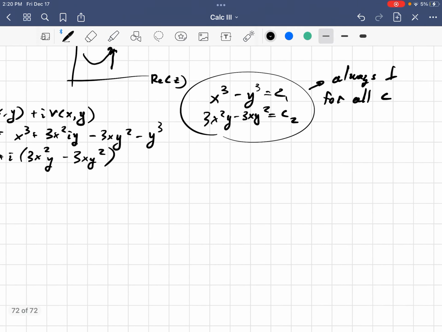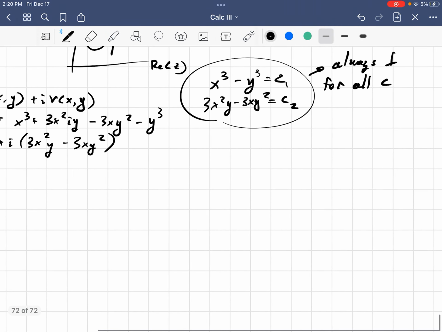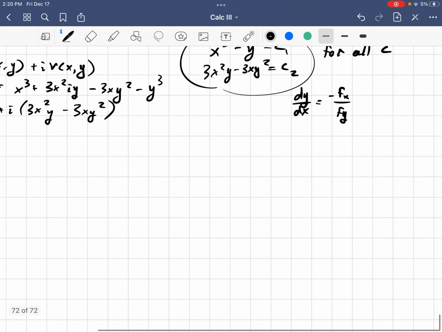There are two different ways that you can explain that. Basically, if dy over dx is negative the partial of f with respect to x over the partial of f with respect to y in the normal case, then if you're talking about orthogonal curves, we would have the reverse reciprocal slope, and so dy over dx is f sub y over f sub x.